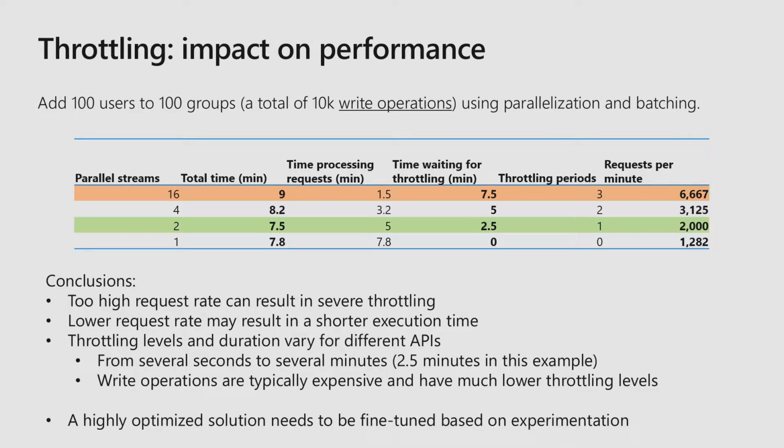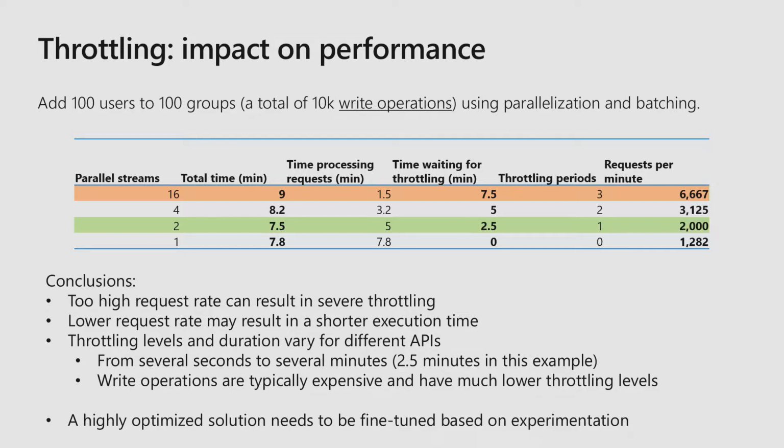That could be a scenario in your organization where you're creating new classrooms or new hierarchies. I originally launched it at full speed with 16 concurrent streams. It took 9 minutes, but it turned out that my actual requests completed in 1.5 minutes. The 7.5 minutes extra was just my app waiting for the throttling intervals.